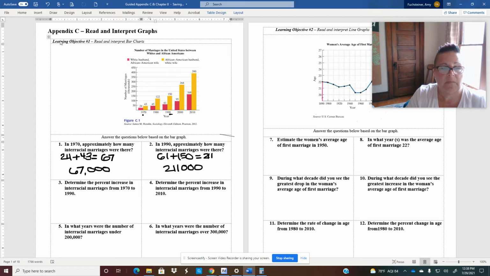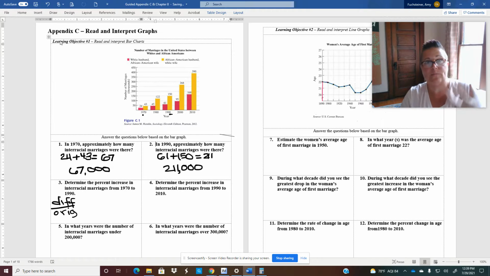All right. Question number 3 asks us to take the percent increase. Percent increase is a tool we used at the very beginning of the term. Percent increase is found by taking the difference in the 2 data sets and dividing it by the original number. Now, the differences would be the difference in interracial marriages, the difference numerically in interracial marriage from 1970 to 1990.